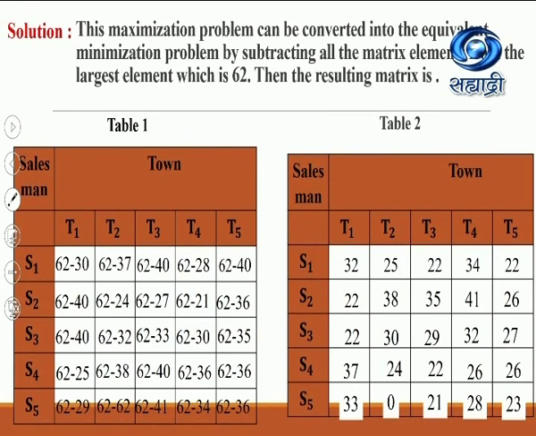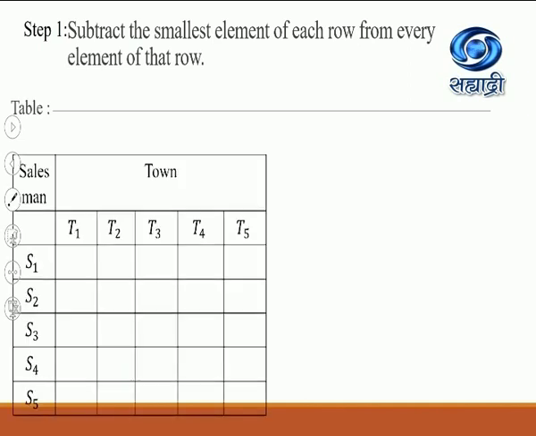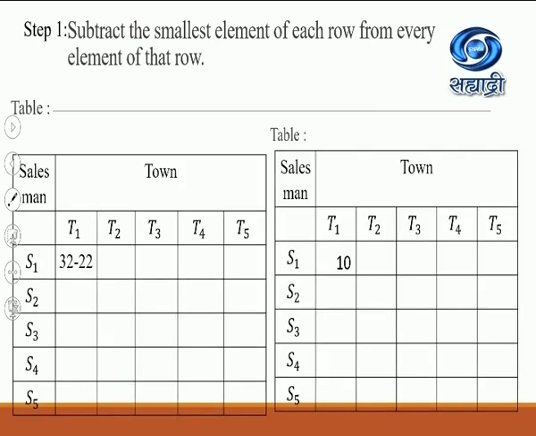So after subtracting 62 from each and every row, we have obtained a minimum matrix. So now we can use the Hungarian method easily because it has been converted to a minimization problem. Subtract the smallest element of each row from every element of that row. So subtracting 22 from the first row, we get 10, 3, 0, 12, 0.